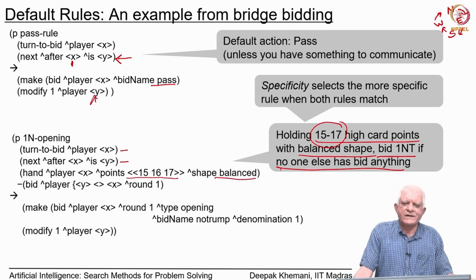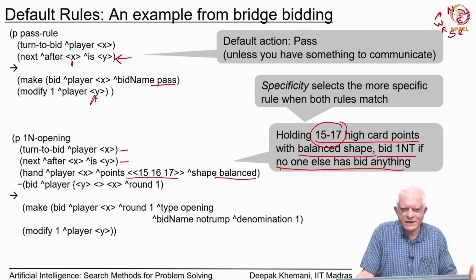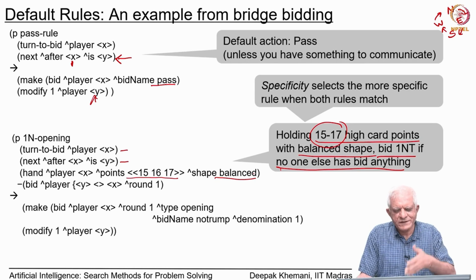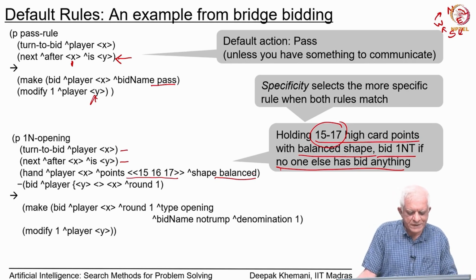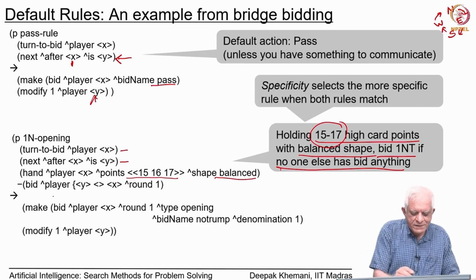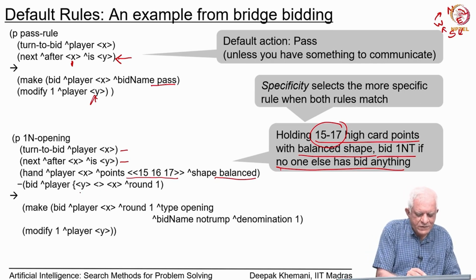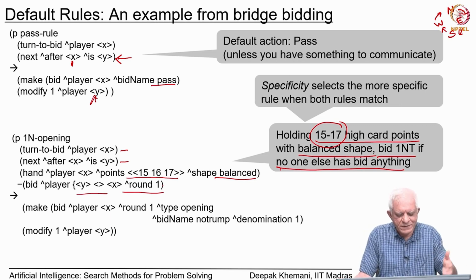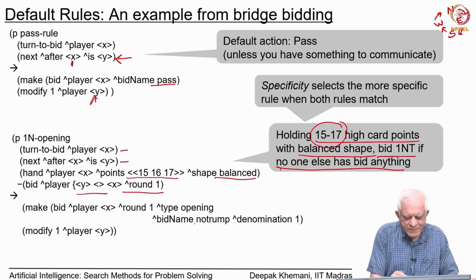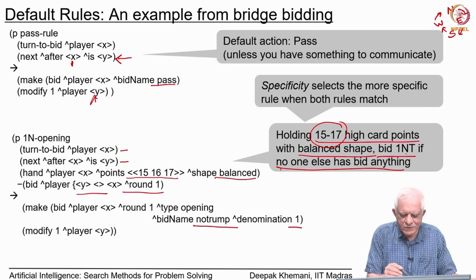Let us assume that the shape is a categorical attribute, and you can have different names for different shapes, and let us stick to something simple here. And it says that no other player, no Y which is not the same as X, has made a bid in round 1. So, you are the first person to bid, then you can make this bid called no trump 1. So, 1 no trump.